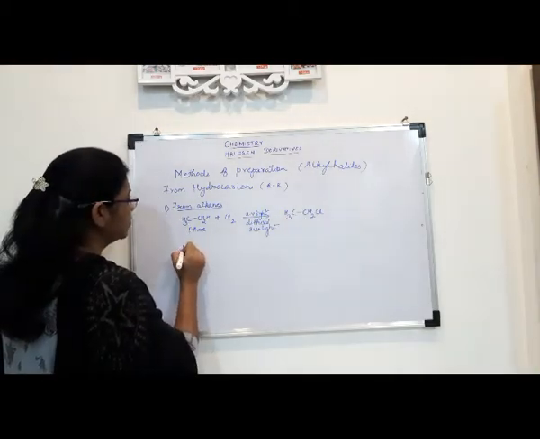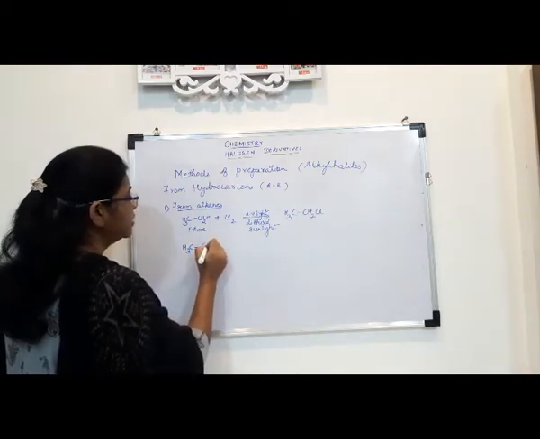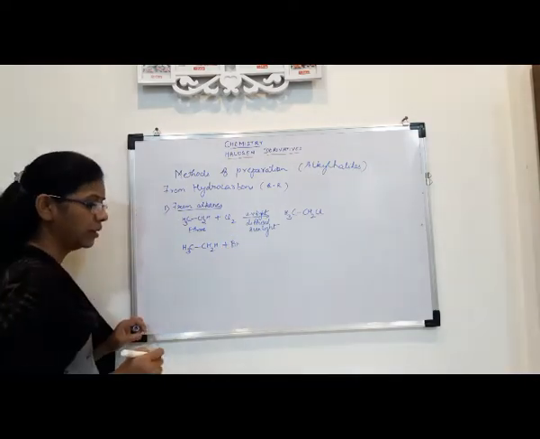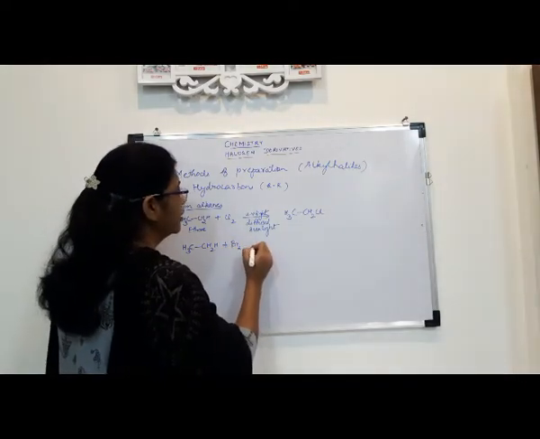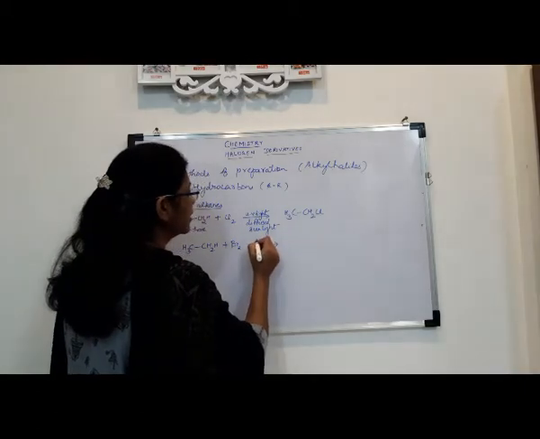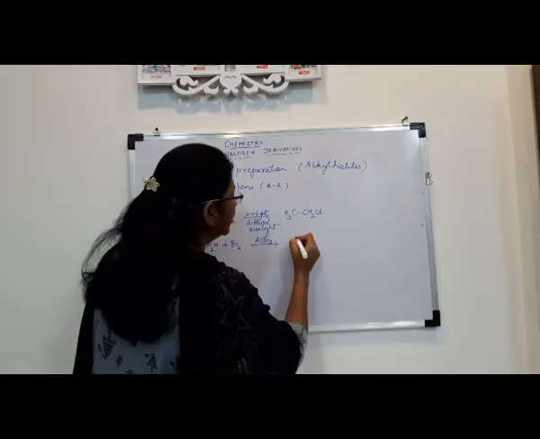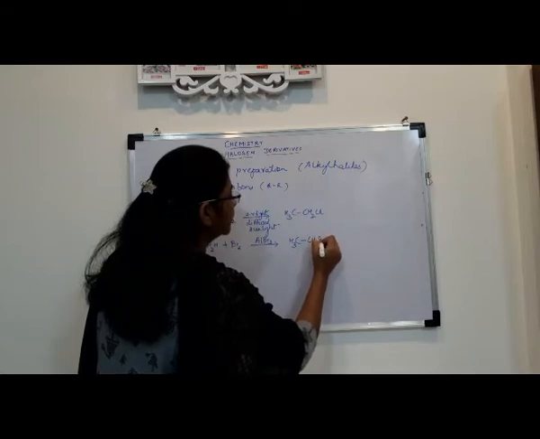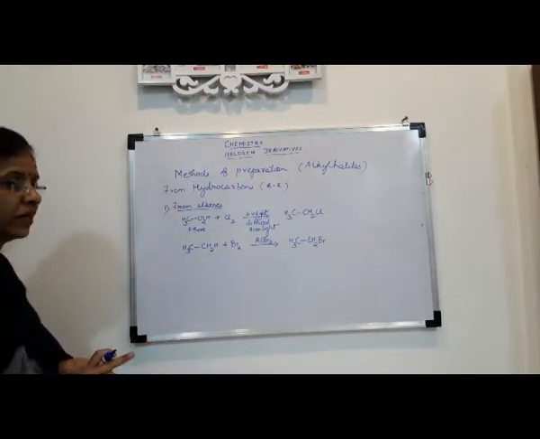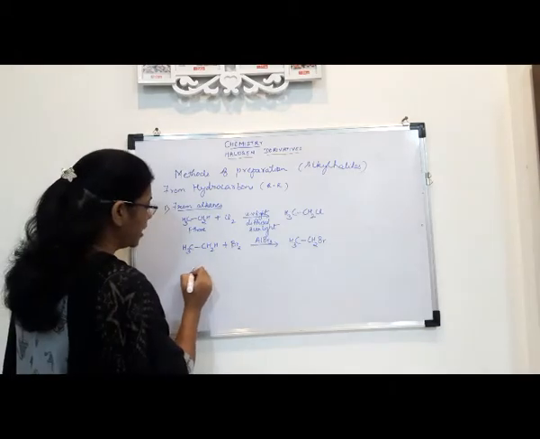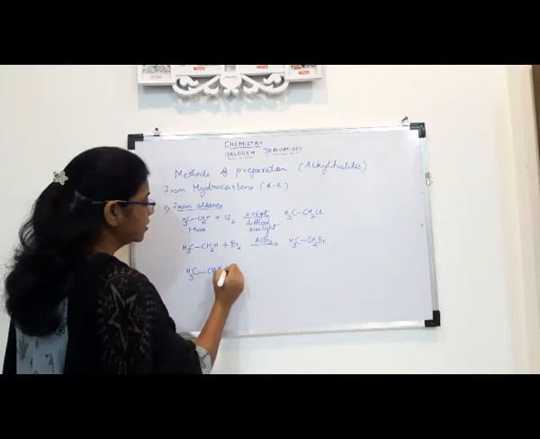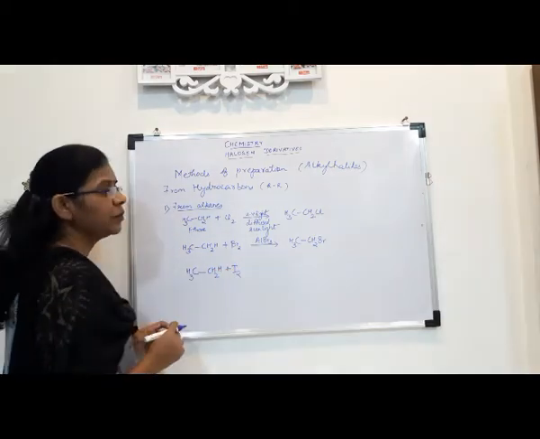Secondly, we take the same ethane, CH3CH2H plus bromination. Alright, bromination, but now the condition is AlBr3. And then what will you get? You will get CH3CH2Br. Alkyl bromide is obtained. Similarly, iodination, CH3CH2H plus I2. So these are what?